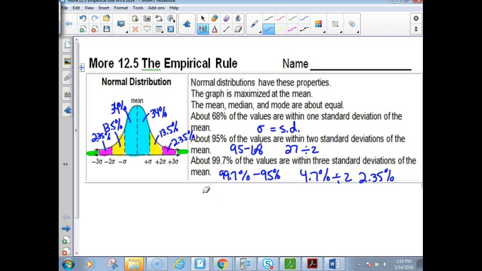Then what's outside? 0.3%, and that gets divided by 2 to get my green areas, my tails, which is only 0.15% to the right or the left of 3 standard deviations. 0.15%. Everything we wrote was as a percent, not a decimal. All right, now we're going to talk about this and answer some questions.